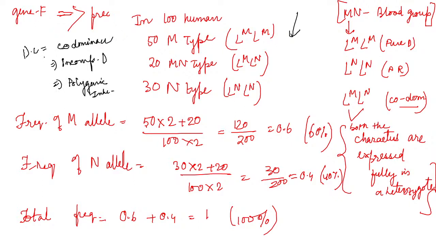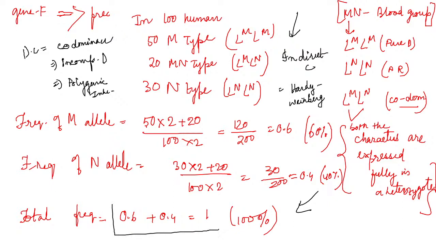directly. Okay, but what is the indirect calculation of gene frequency? Indirect calculation is the Hardy-Weinberg principle. Hardy-Weinberg also gave this law: in any random mating population which is non-directional, where there will be no mutation, etc., the overall gene frequency will be the same, that is 100%, 0.6 and 0.4 will be 1.